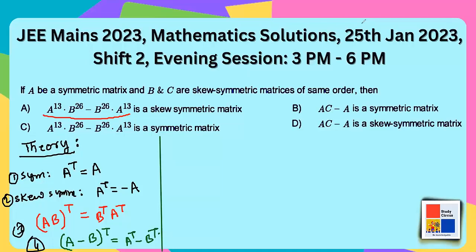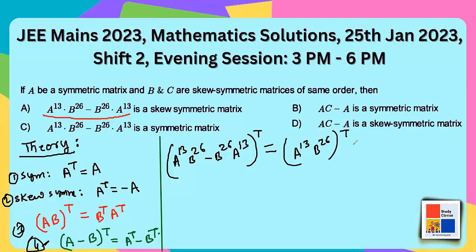For that, I'll take the transpose of that thing. A to the power 13, B to the power 26 minus B to the power 26, A to the power 13. This whole thing, if I take the transpose, is equal to, by property 4, (A^13 B^26) transpose minus (B^26 A^13) transpose.